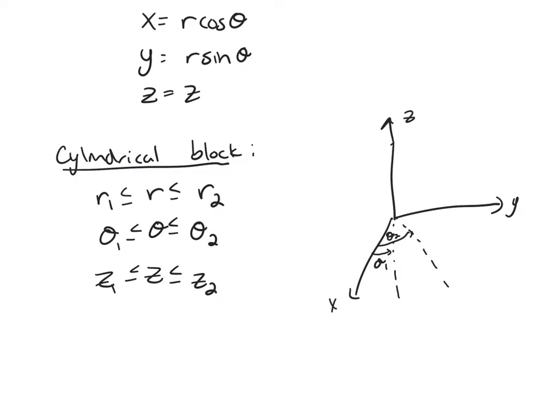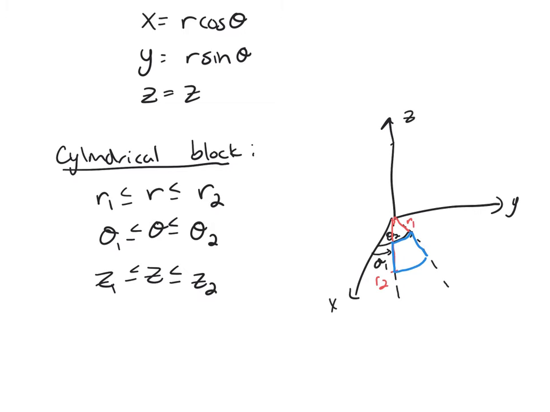So maybe this distance right here, this is r1, and then this longer distance maybe is r2. So the sector you're looking at is between here, here, here, and here. And then you have a copy of that for all of your z values.